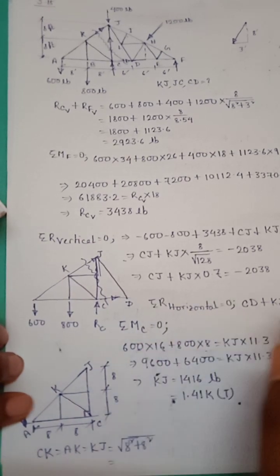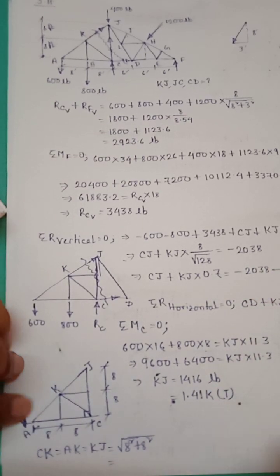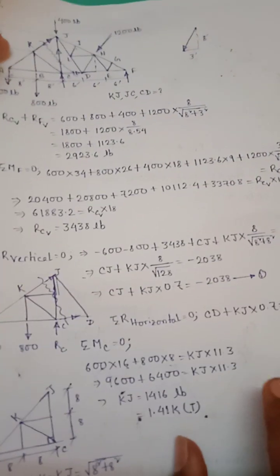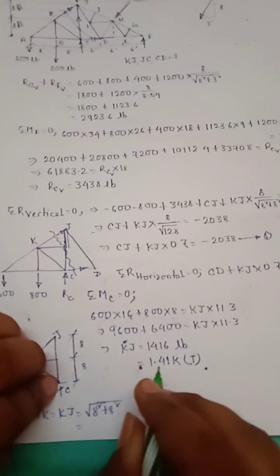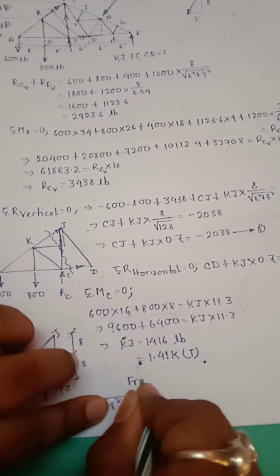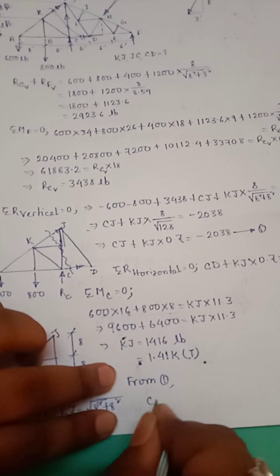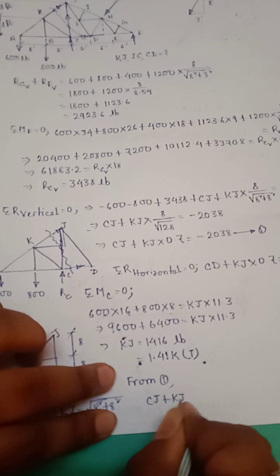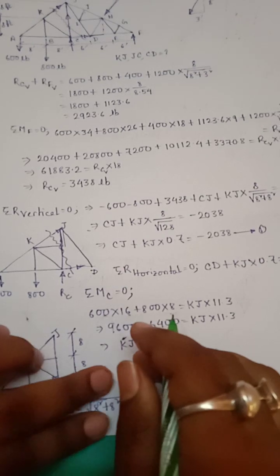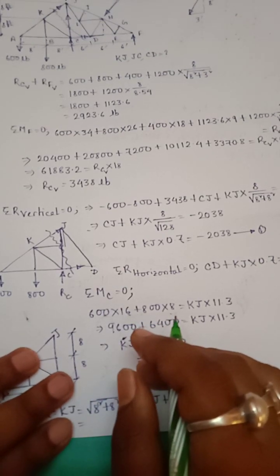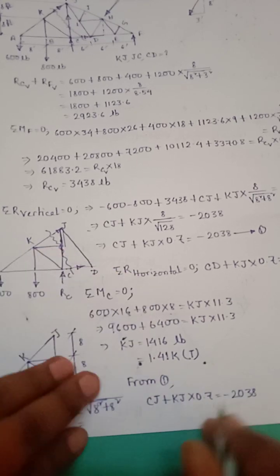Now from equation 1 we get CJ plus KJ into 0.7 is equal to minus 2038.